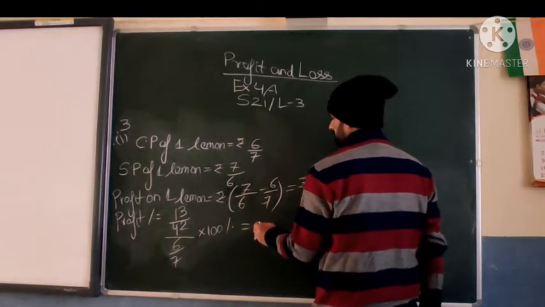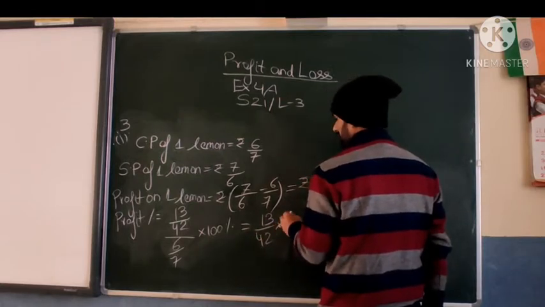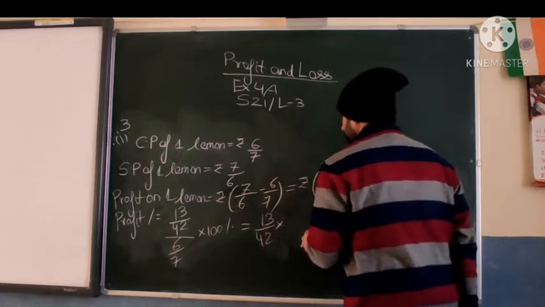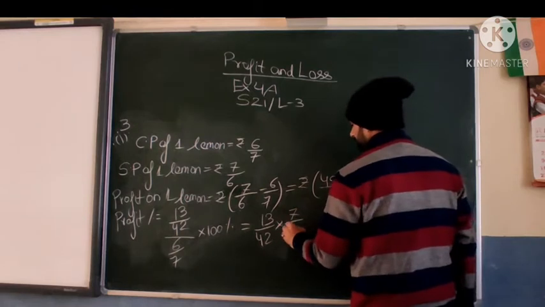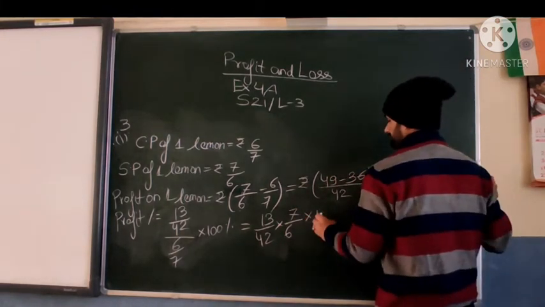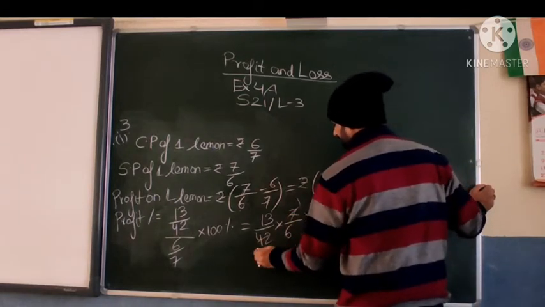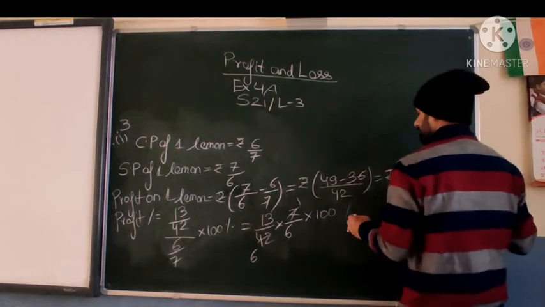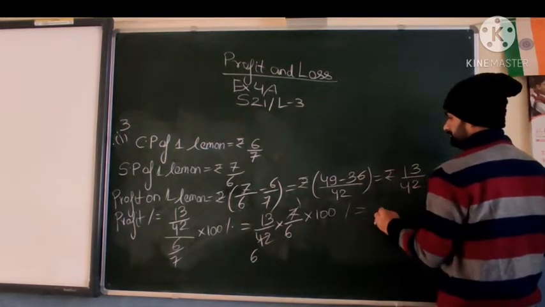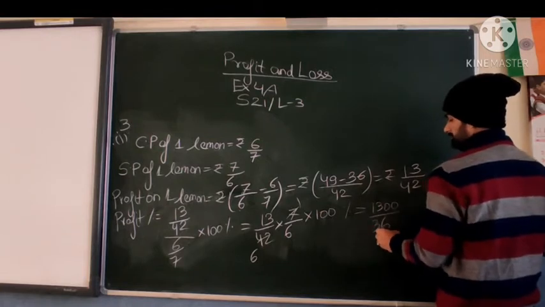So this is equal to 13 by 42 into 7 by 6 into 100%, which is 1300 upon 36%.